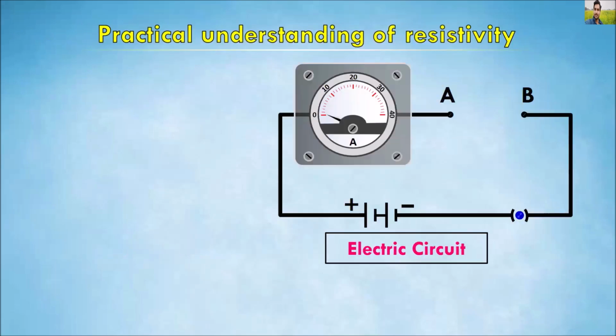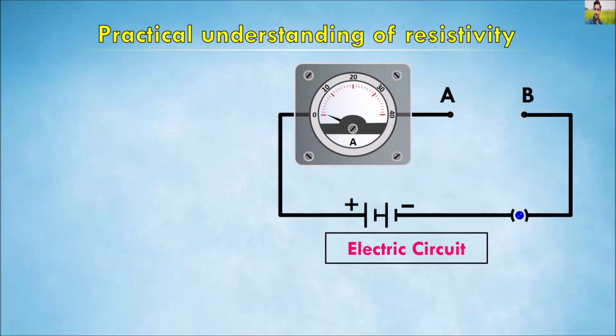Practical understanding of resistivity. Let's understand this arrangement. In this arrangement, we can see there is a meter which is connected in series in this circuit. Now, a copper wire we have used.